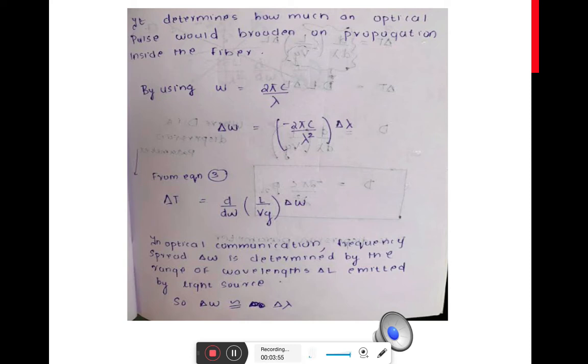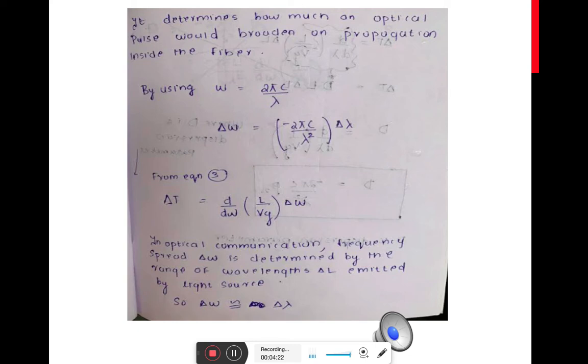So we are using omega is equal to 2 pi c by lambda, and delta omega is equal to minus 2 pi c by lambda square into delta lambda. If we are using these two terms in equation 3, equation 3 is delta t is equal to d by d omega of L by Vg into delta omega. So in optical communication, frequency spread delta omega is determined by the range of wavelength delta lambda emitted by a light source.